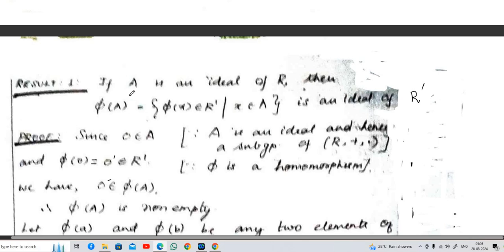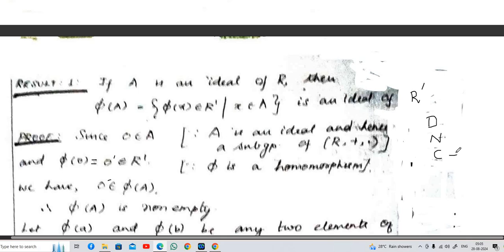First one is, if A is an ideal of R, then the image phi of A is an ideal of R prime. So to prove any subcollection of a ring to be an ideal, we have to know the description, and we have to show that it is non-empty, and we'll have to establish the criterion for that to be an ideal.